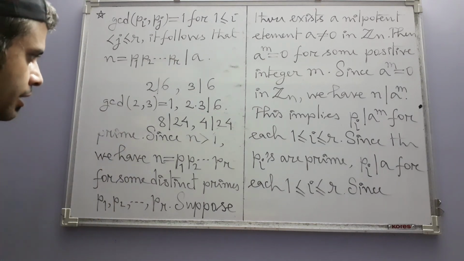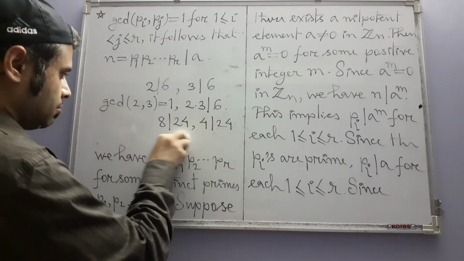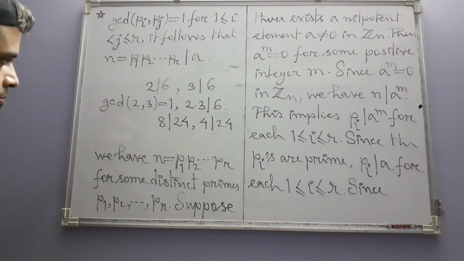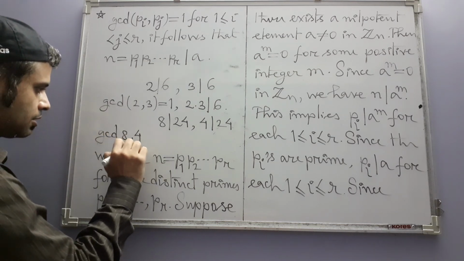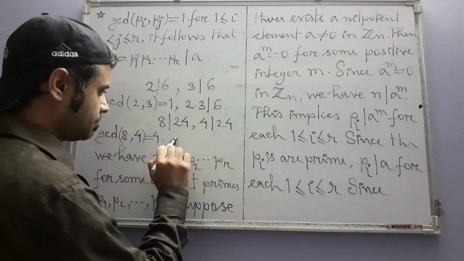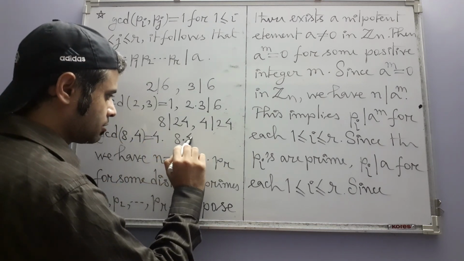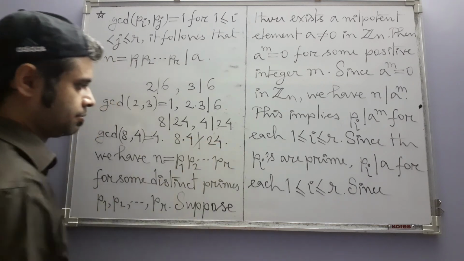The GCD of 8 and 4 is 4 and it is not 1, and the conclusion also fails. Their product, 32, does not divide 24.